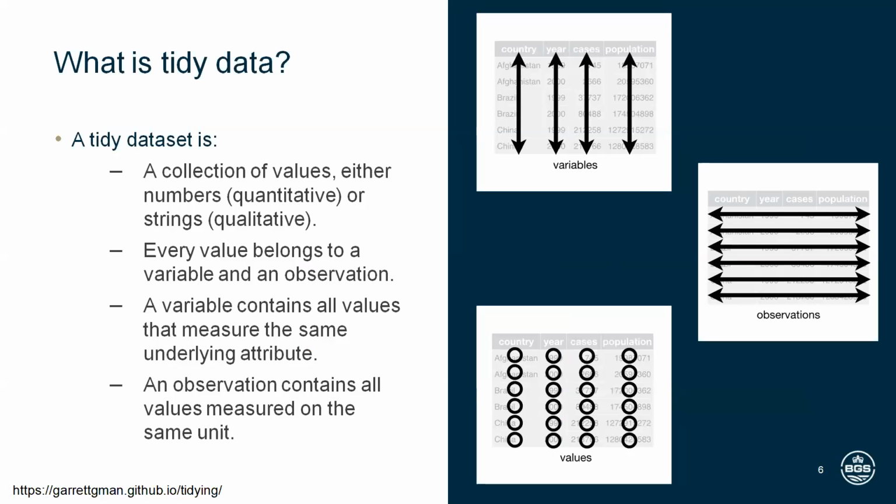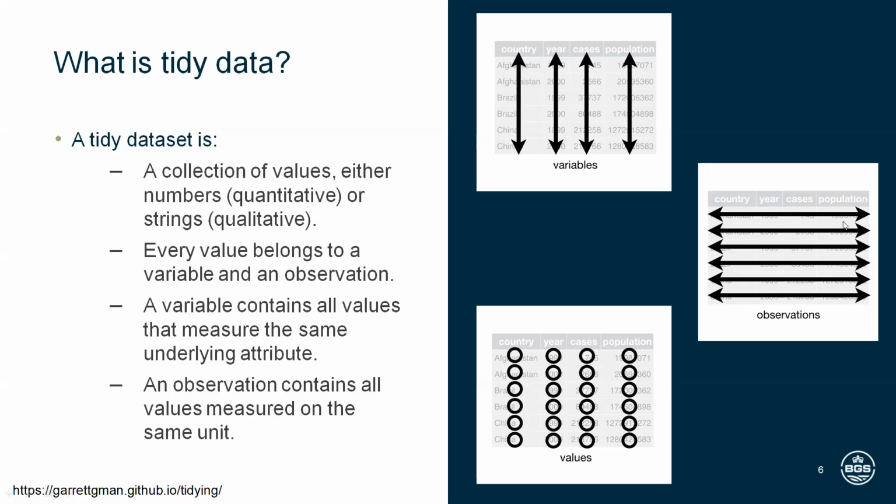But in terms of the philosophy of what tidy data is, the key underlying theory and concepts of tidy data are that every value belongs to a variable and an observation. A variable contains all values that measure the same attribute and is generally the columns in the dataset, as you can see here. And an observation contains all values measured on the same unit.